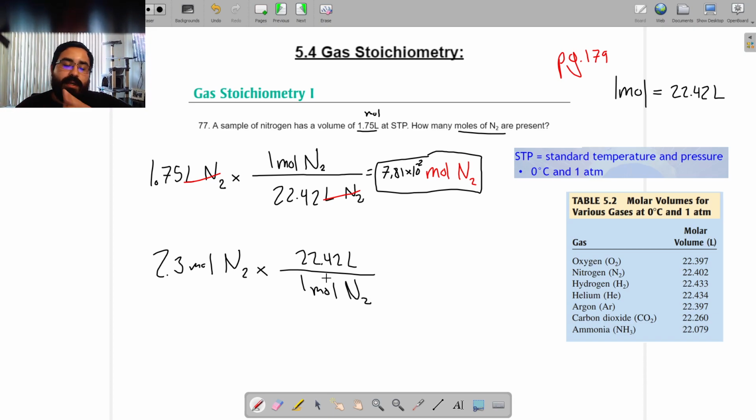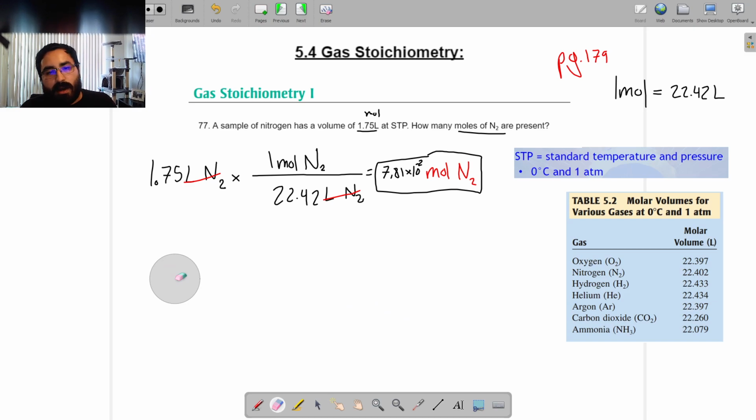You can flip it just like we did with dimensional analysis, just like we've done with unit conversions, all sorts of problems. It's the same concept. One goes at the top, one goes at the bottom, and that's it. Now, this one had 3 significant figures, so our answer should have 3 significant figures. All right, now that basically covers that first type of example.